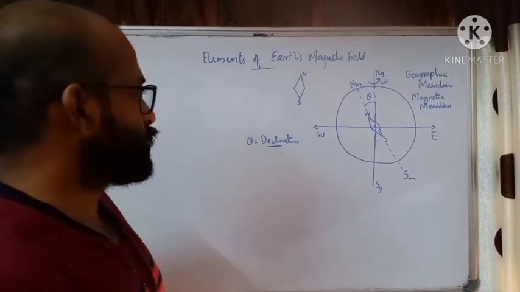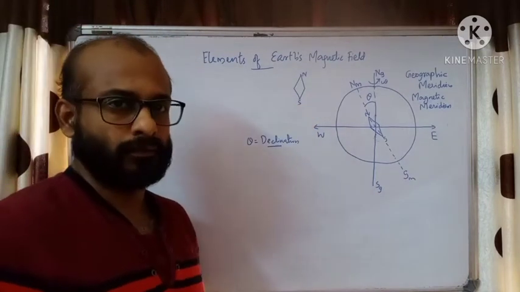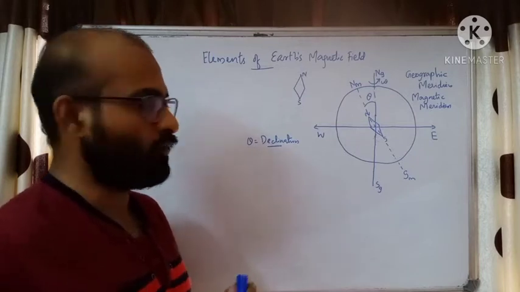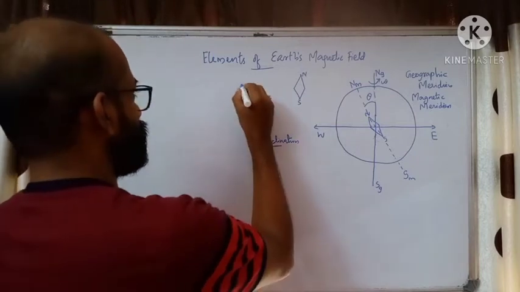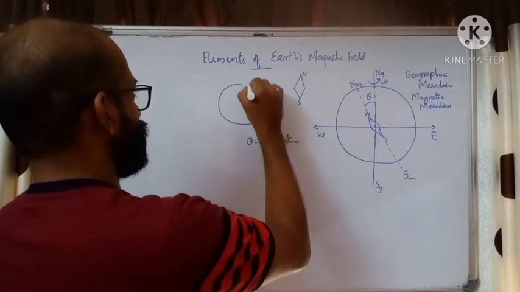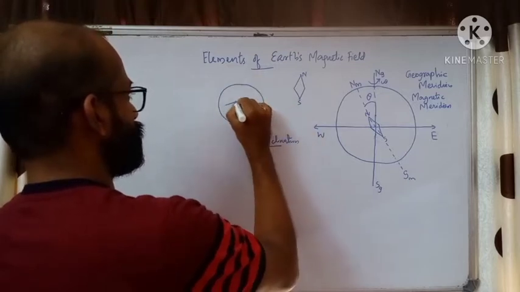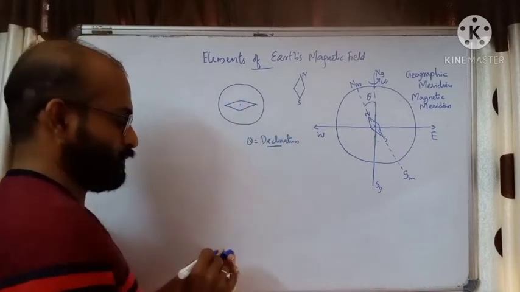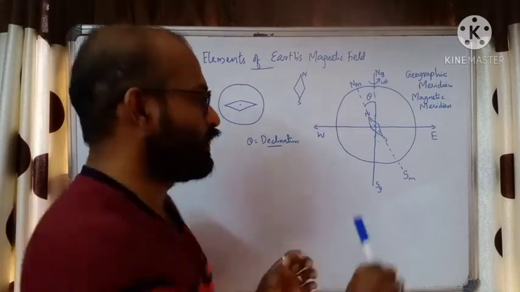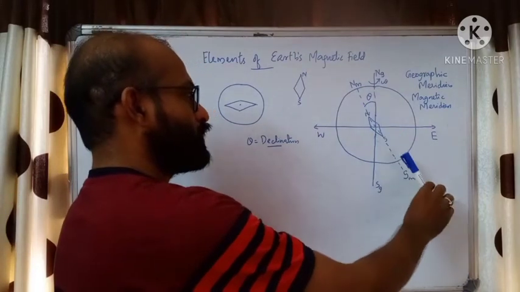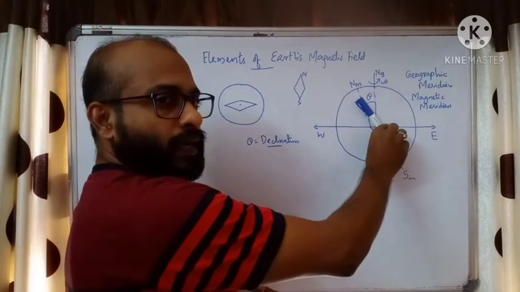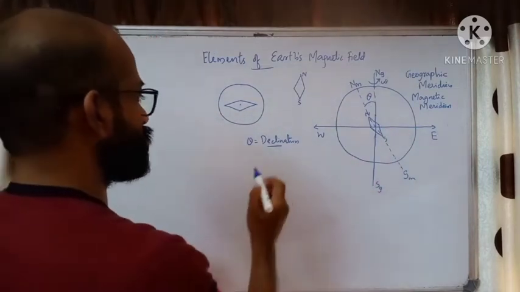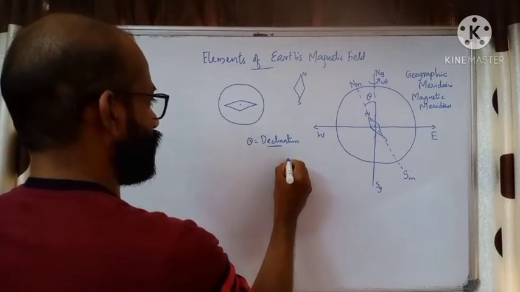Now, if we suspend this compass needle so that it is able to move in a vertical plane, for example like this, this is the vertical position of the compass needle. Actually, what we are expecting is that the compass needle should stand horizontally like this. But it will not stand horizontally. Actually, the compass needle will be aligned like this.